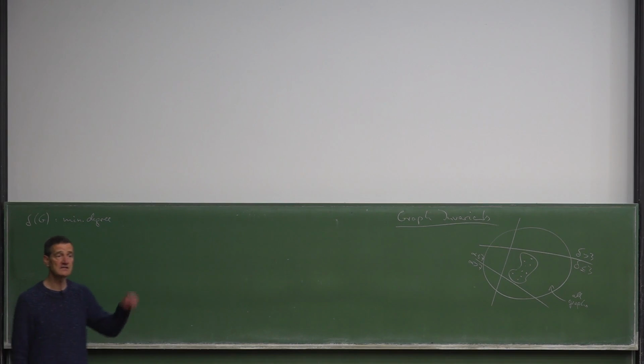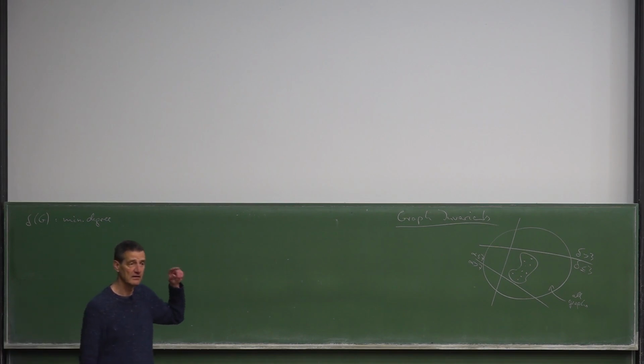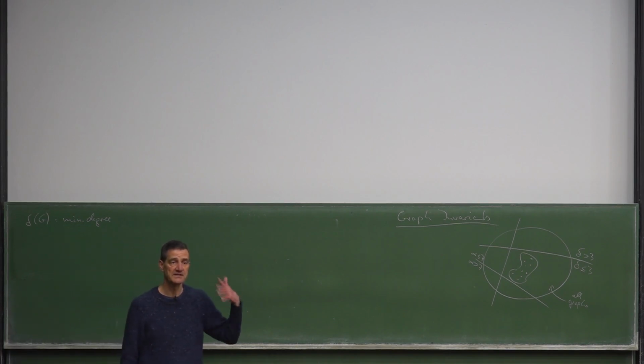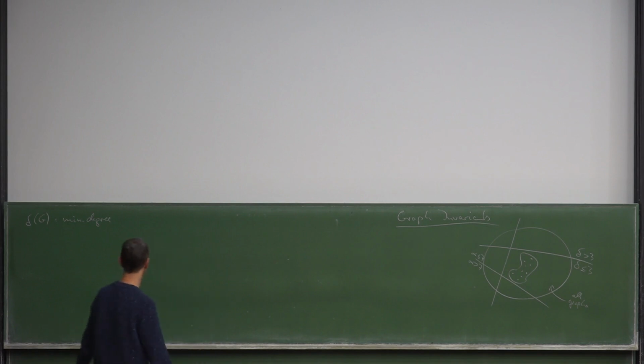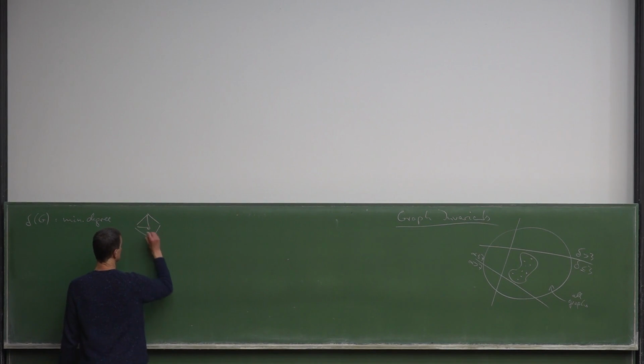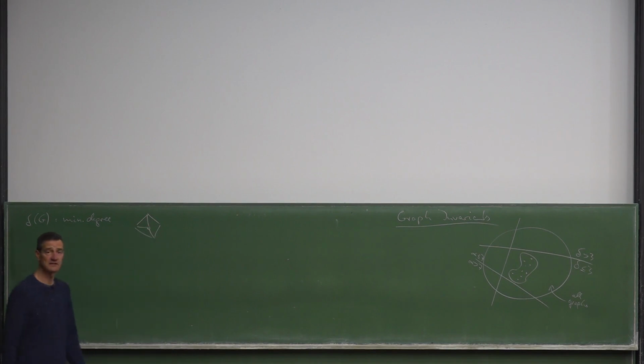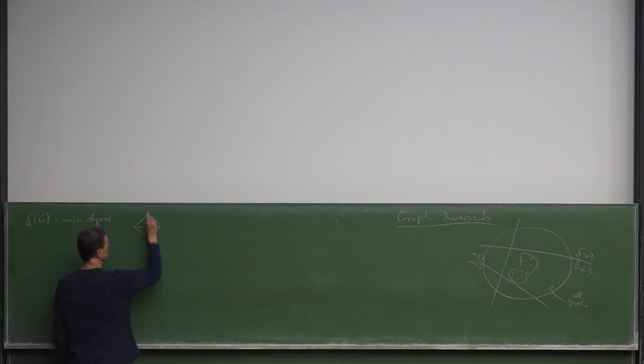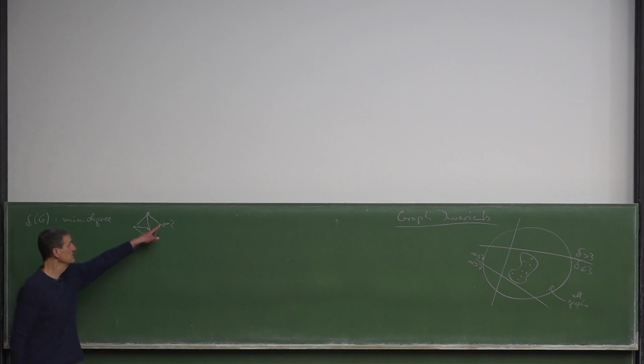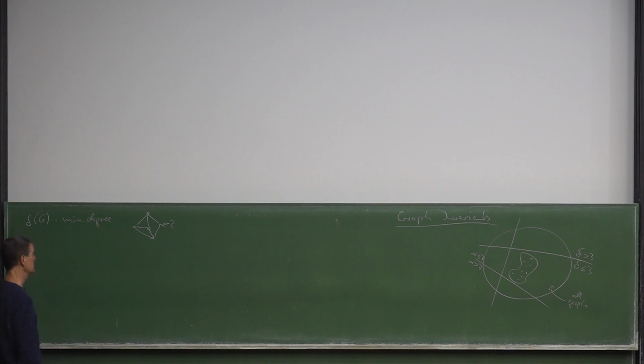That is the degree of a vertex that is as low as possible. So if this is our graph, this has minimum degree 2, because this vertex has degree 2, and no other vertex has smaller degree.